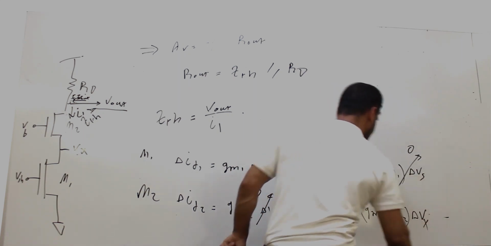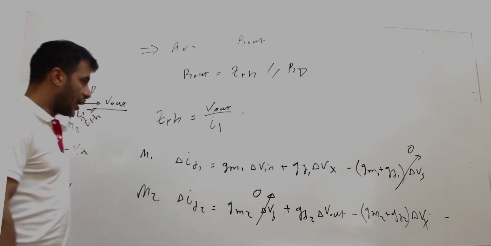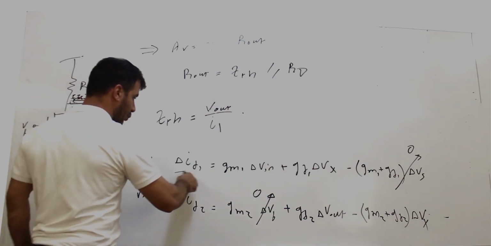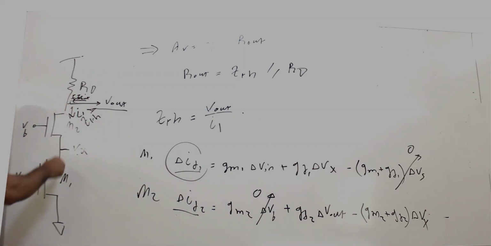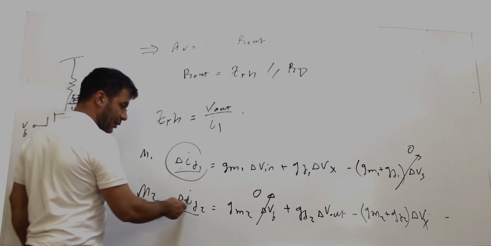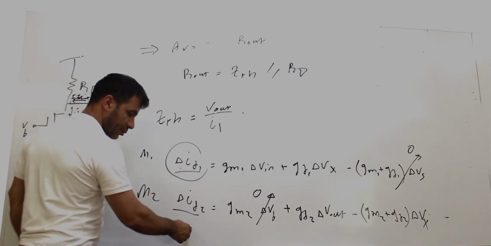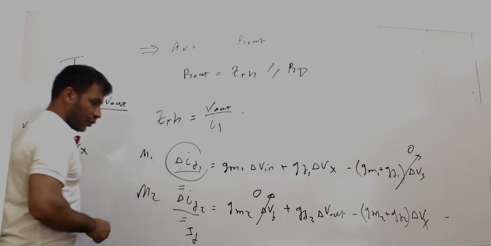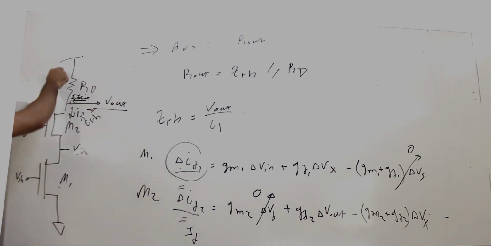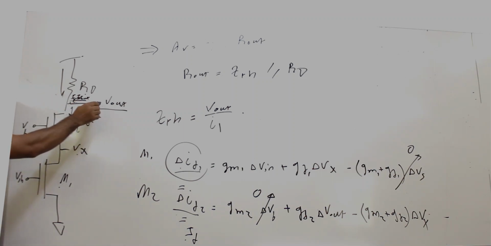Okay? Now, we have ID1 and ID2. By assumption, they are the same. It is the same current. So ID1 equals ID2, ID is the same. And ID here is equal to what?